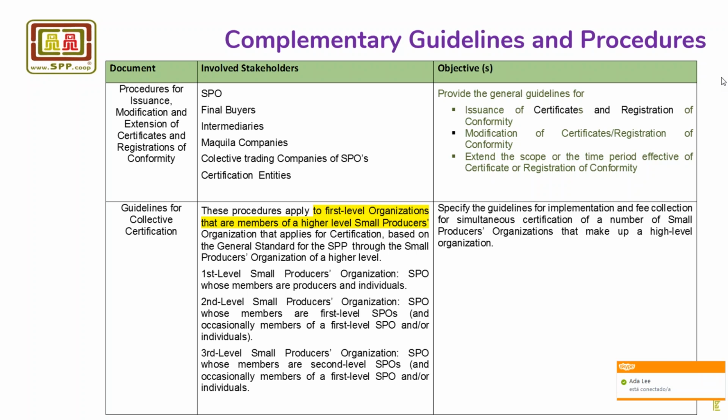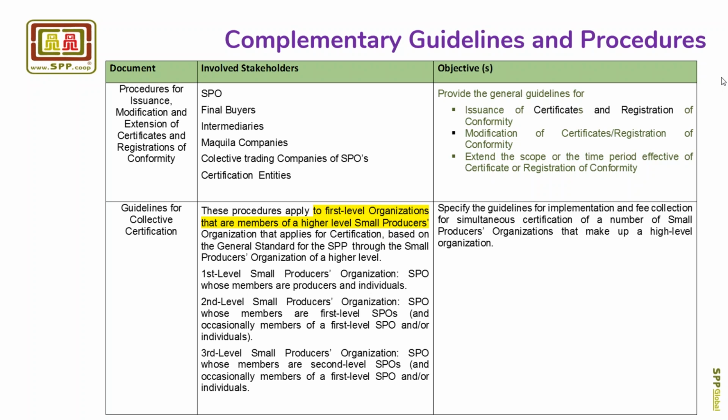Not all of the 300 first level organizations would be involved in the SPP transactions. For that reason, they are not interested in certifying the second level organization in total.